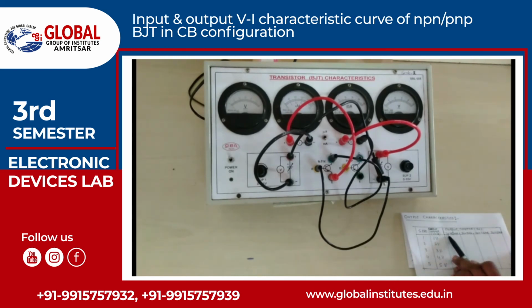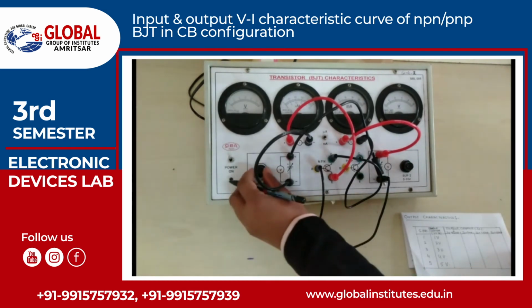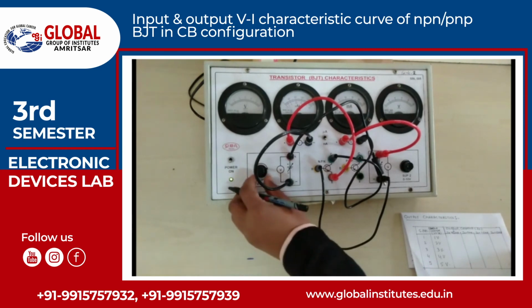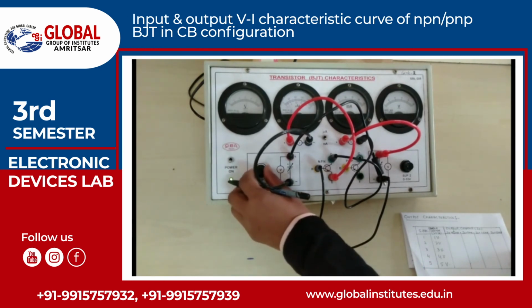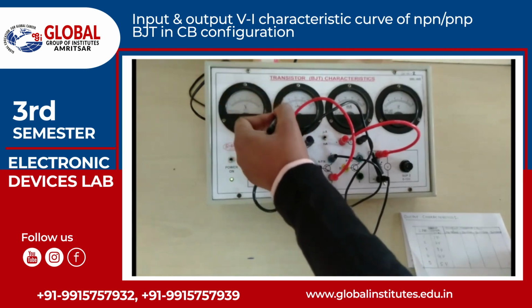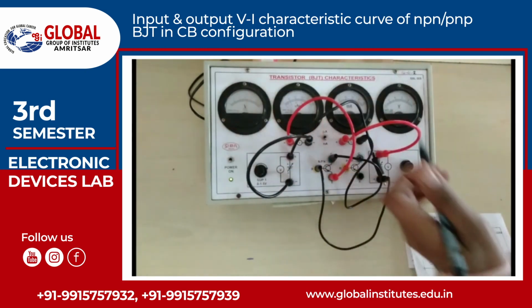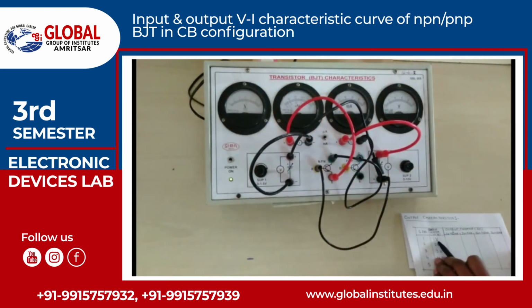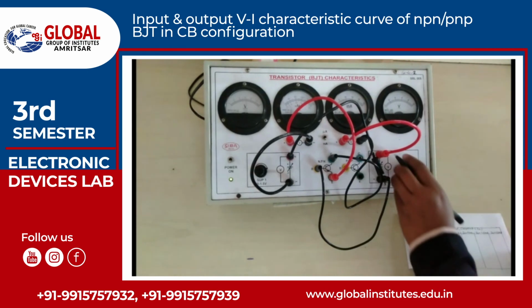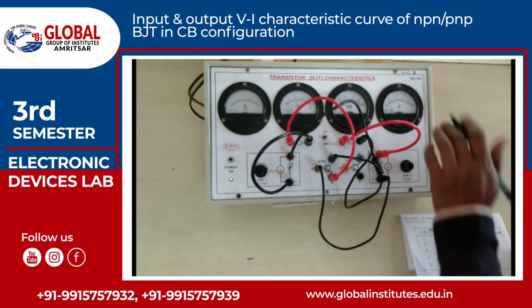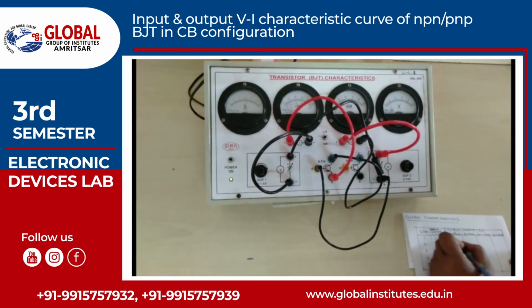So first of all, IE 2.5 milliampere. Change the position of the input port and set the current to 2.5 milliampere. So this is the IE current at 2.5 milliampere. Now keep the output voltage at 1 volt by using this potentiometer. At 1 volt it is showing as 0 milliampere.